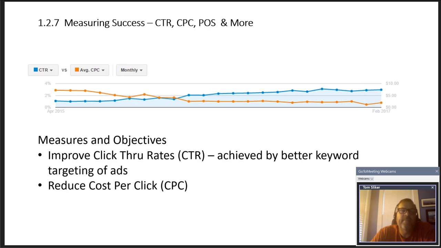Two of the key measurements, I probably should have shown this and talked about this before I started talking about click-through rates, but two of the main measurements that we use in Google AdWords are click-through rate and cost per click. The click-through rate means how likely are people to click. Out of 100 times presented, how many times will people click? And so we always want to be improving that. In this example, you can see we go from 1.5% to 3%.